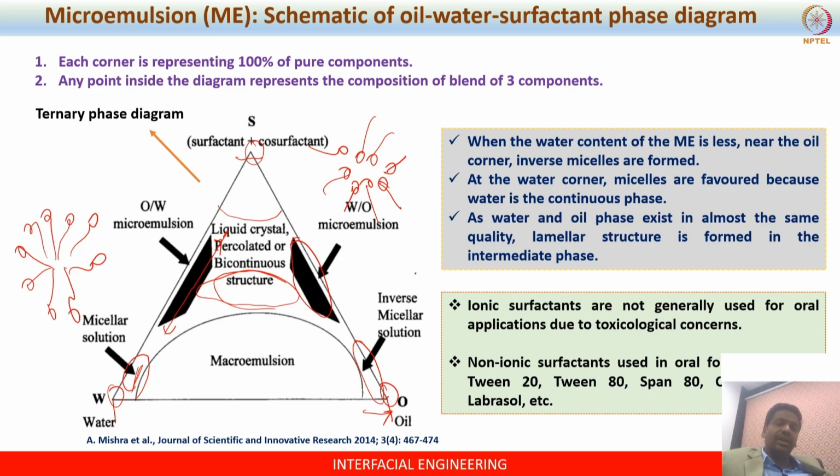When we say the same quantity, what it means is the point at which the emulsifier would want to wet both phases equally. In such a case, the surfactant, the emulsifier, will not choose any particular phase as more favorable than the other. So what is left out is the macroemulsion. This is nothing but the regular emulsion where the droplet size is more than a few tens of micrometers.